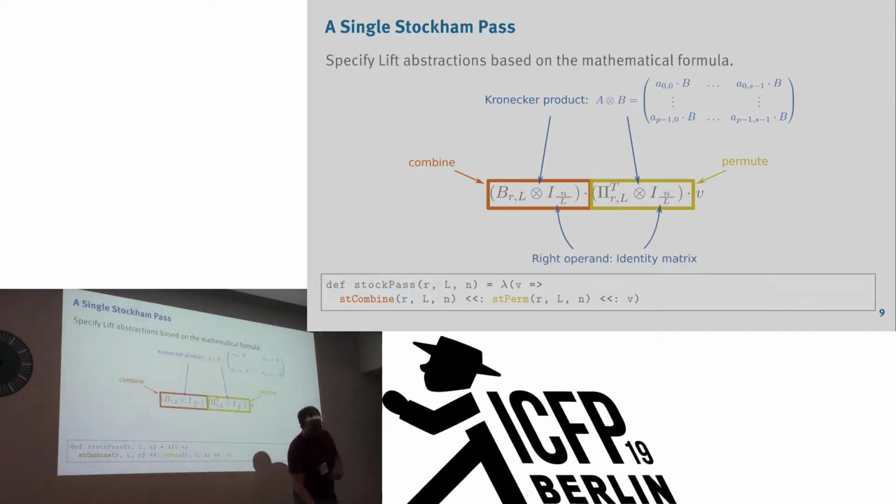We also note that on the right side of the Kronecker product, in both cases, we have the identity matrix. So we can use this domain knowledge to encode a matrix multiplication for a matrix created by the Kronecker product with an identity matrix on the right side, and therefore we can save a lot of arithmetic operations.